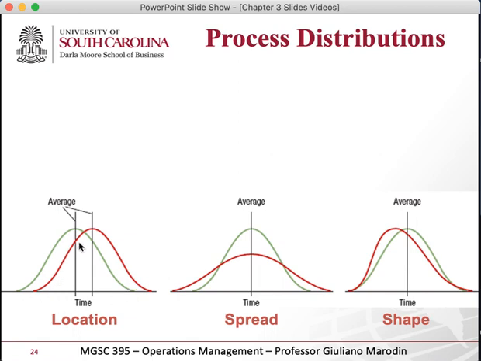But what actually happened was that it ended up being the red one. So what's going on? What is the problem here? So hopefully you said that there's a problem with the mean, right?